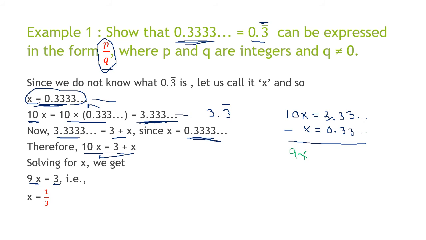Are you following? 9x is equal to, what is before the decimal? 3 minus 0 is 3. And after the decimal point, we got a 3. So this 3 gets cut, then this 3 gets cut, and all the 3s after it, all of them get cut. So we get 9x equal to 3, or x equal to 3 upon 9, and x equal to 1 upon 3.